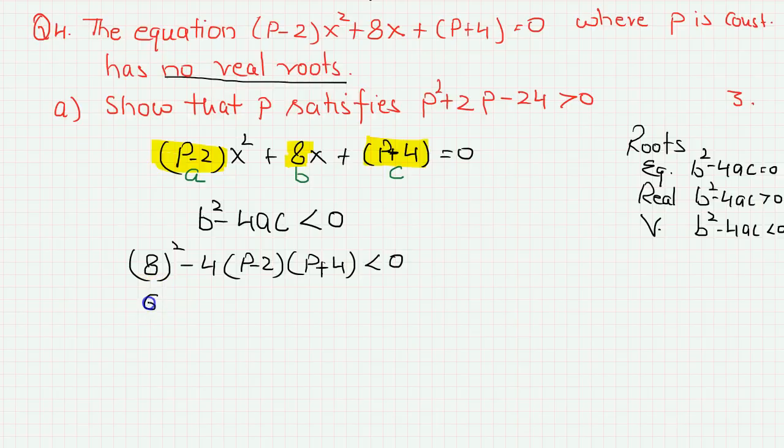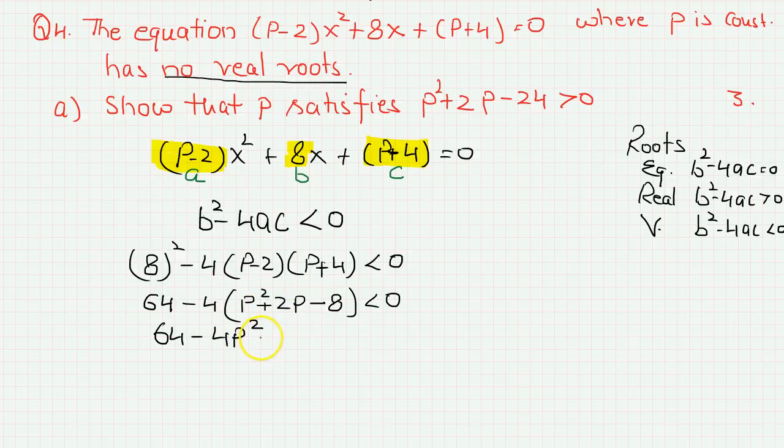So 8 squared is 64 minus 4 times (p minus 2)(p plus 2)... actually (p minus 2) and (p minus 4): this is p squared minus 2p minus 4p, minus 4 times 2 is 8... so it will be 64 minus 4 times (p squared minus 6p plus 8), which gives minus 4p squared plus 24p minus 32... is less than 0.